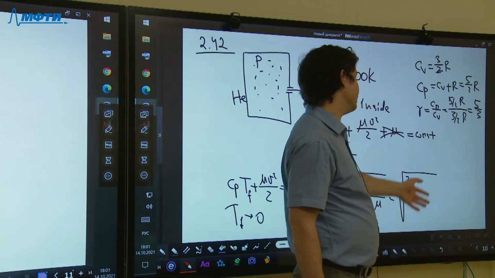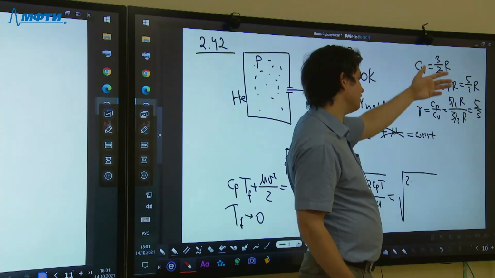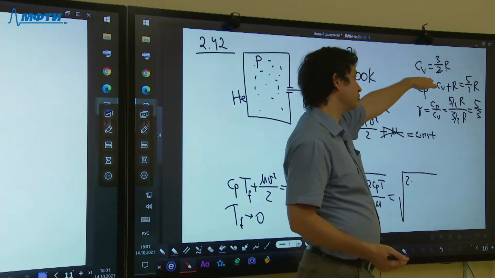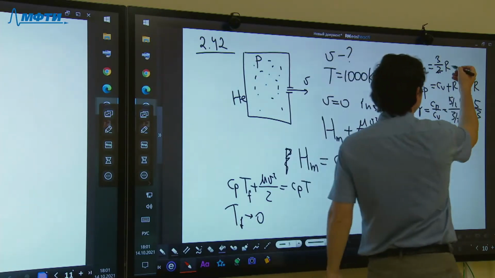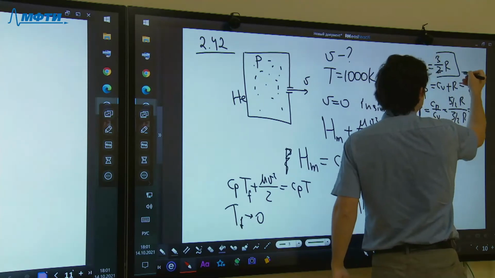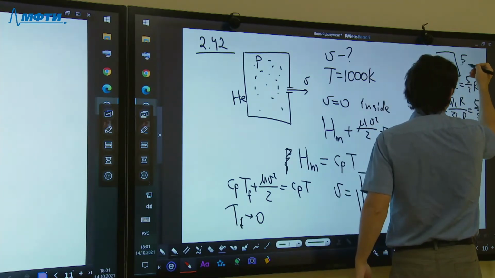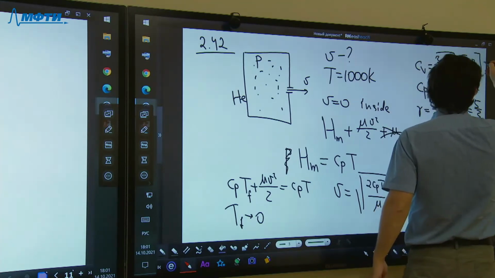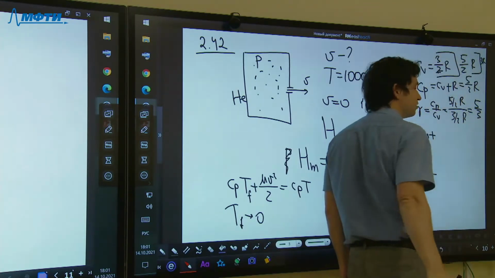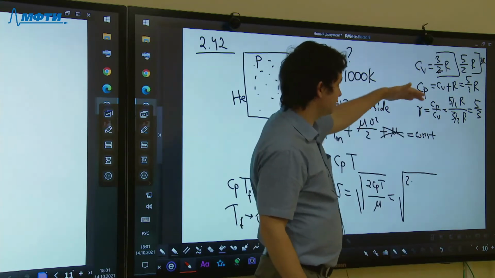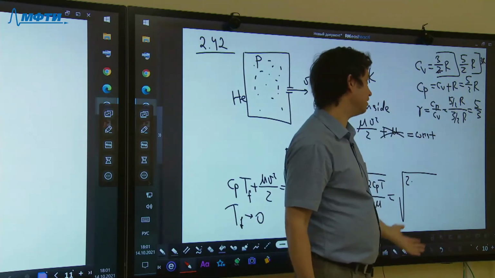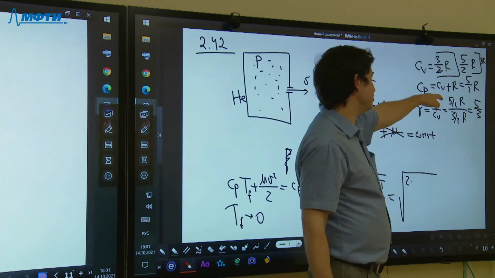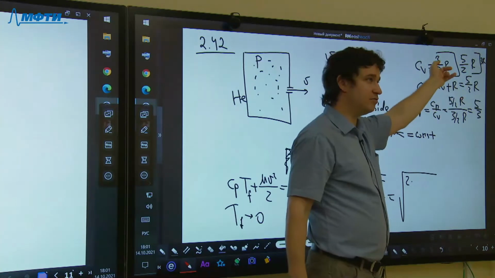But in this case, when I study monatomic, diatomic, and triatomic gases, it's easier to remember Cv. Because Cv for a monatomic gas is 3 over 2R. For a diatomic gas it is 5 over 2R. For triatomic and more atomic gas it is 3R. So it changes in these very convenient steps. And if you want to determine Cp, you just add another R to this Cv and get Cp.